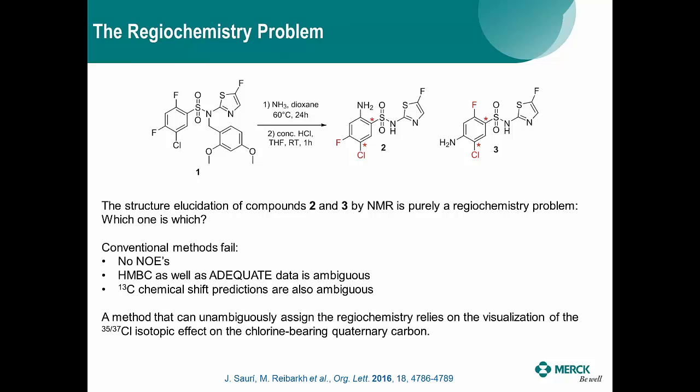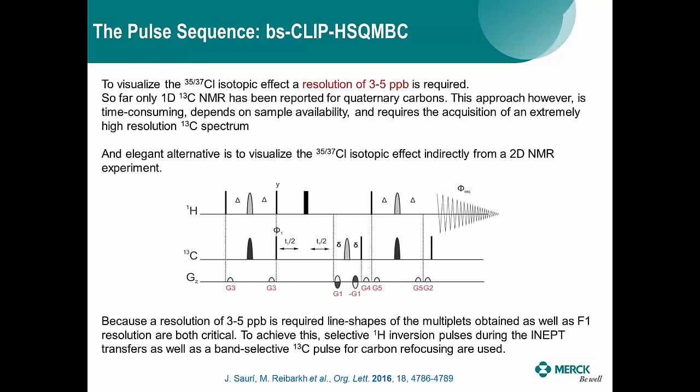In order to visualize the chlorine isotopic effect, we need to develop a pulse sequence that allows us to achieve super high resolution in the F1 dimension, because we are looking for a really tiny isotopic shift on the carbon 13. So far, the only way to do that was by using carbon NMR.